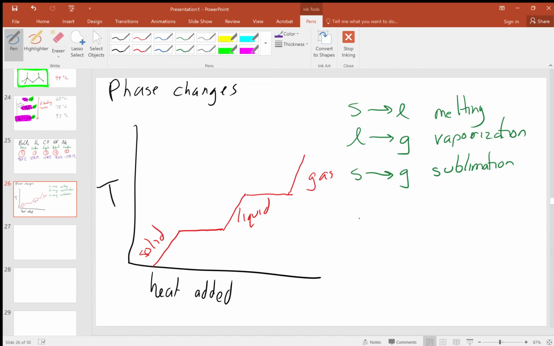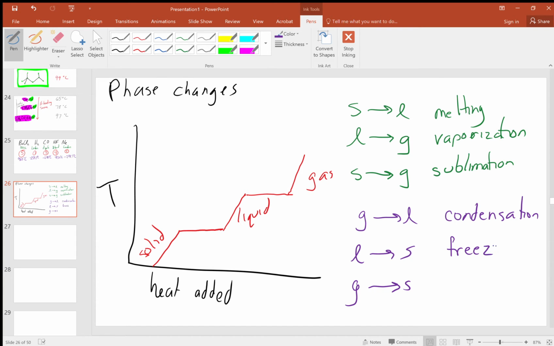We also have the three phase changes that go the other direction. Gas to liquid, liquid to solid, and gas to solid. So gas to liquid, known as condensation. Liquid to solid is known as freezing, of course.